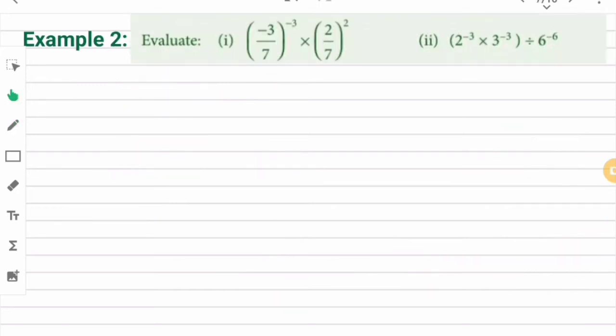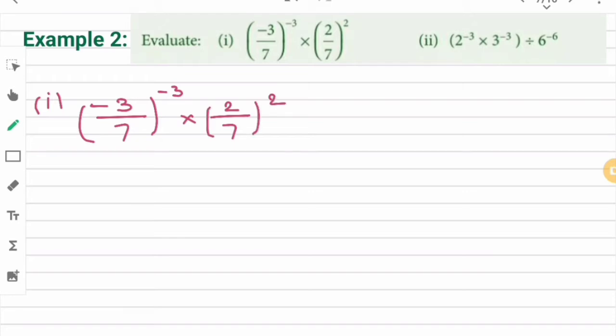Okay? Yes. Now, example 2. Evaluate this. So, the first subdivision is minus 3 by 7 to the power minus 3 into 2 by 7 to the power 2. So what is the first step I am going to do? I am going to distribute the powers.